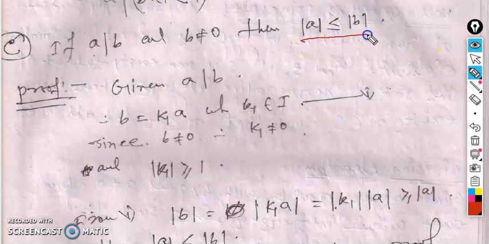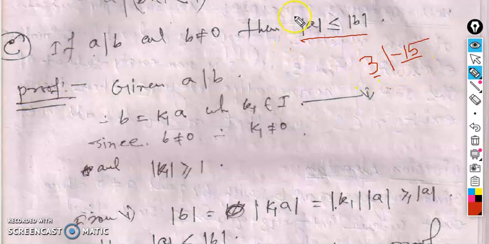It's very important why we use the mod value. If B is not equal to 0 and we do not use the mod value, what happens? That is a very important question. Here we write minus 15. You can easily recognize why we use this mod. If you do not use it, there would be a very wrong idea. Minus 15 is divisible by 3, so 3 is a divisor of minus 15, but 3 is not less than minus 15.